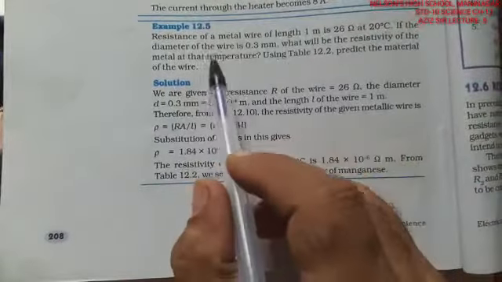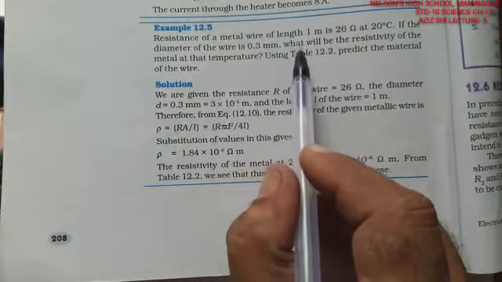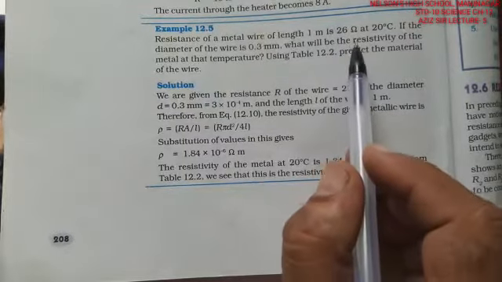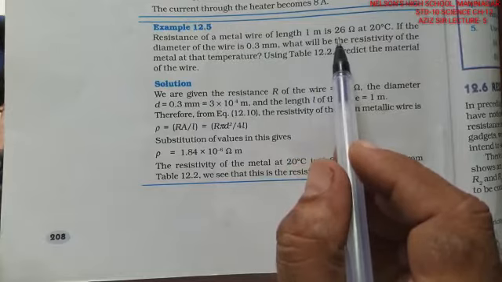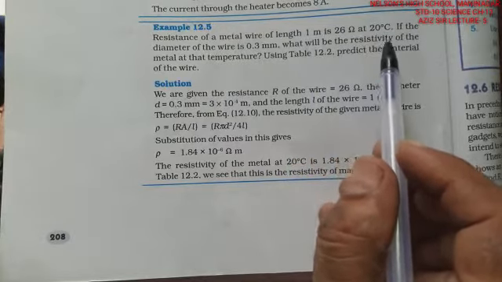So the next example is 12.5. In example 12.5, the resistance of a metal wire of length 1 meter is 26 ohms, means the length of the wire is 1 meter and the resistance is 26 ohms at 20 degrees Celsius.